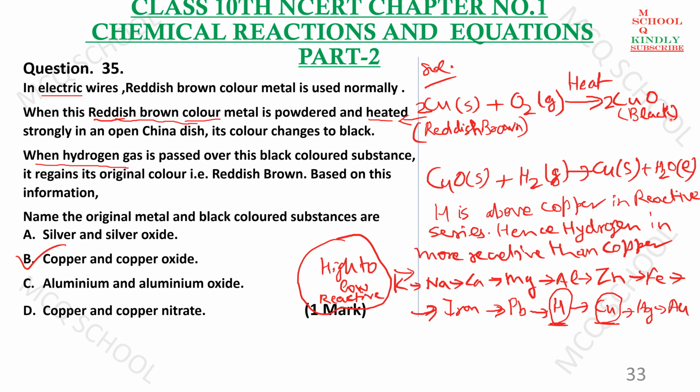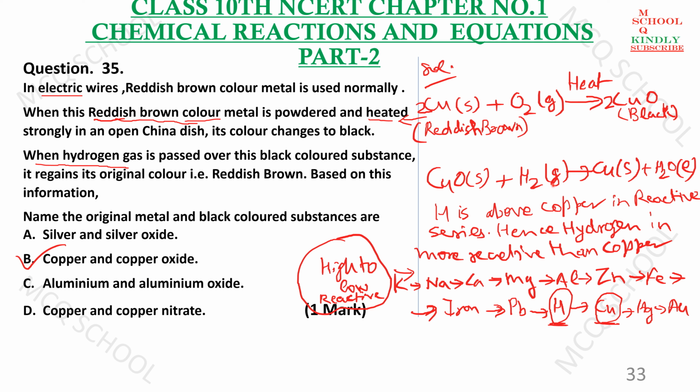When hydrogen is passed over this copper oxide, it reconverts into the original copper and moisture comes out. So the correct answer for this is copper and copper oxide.